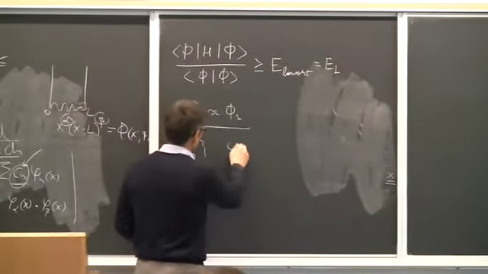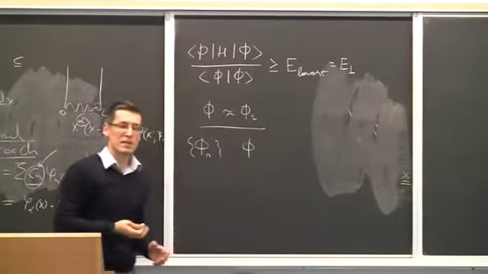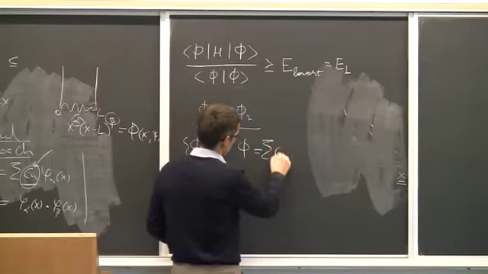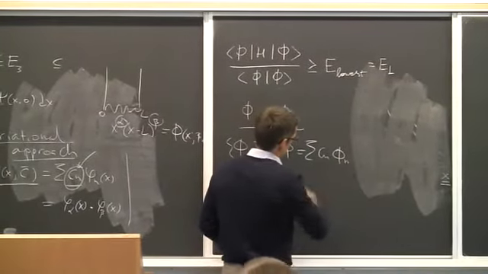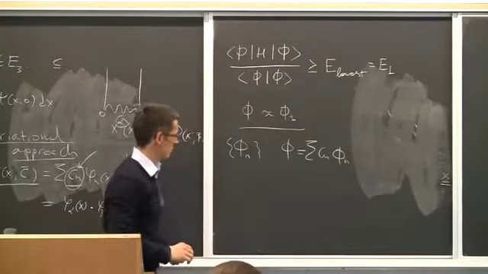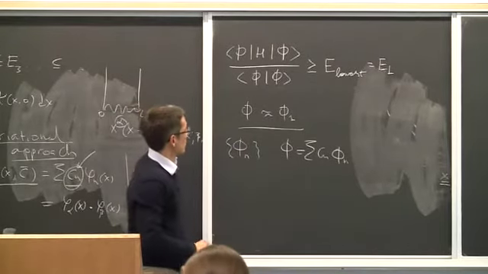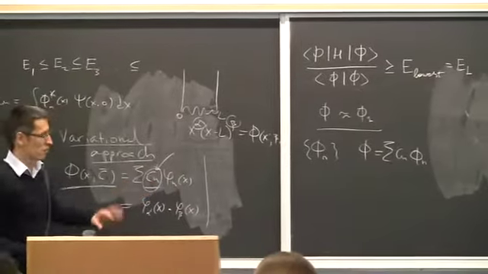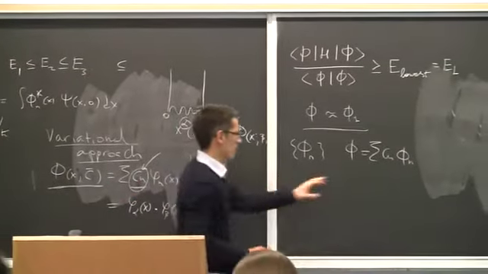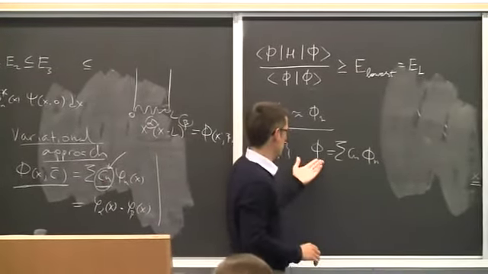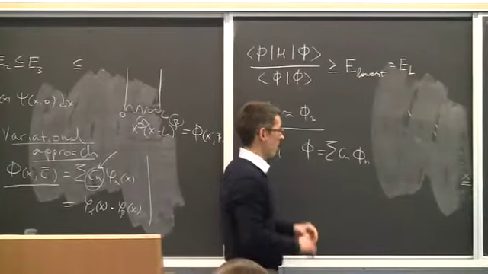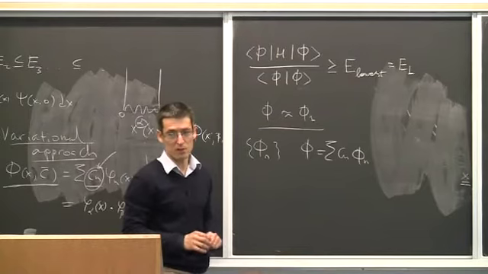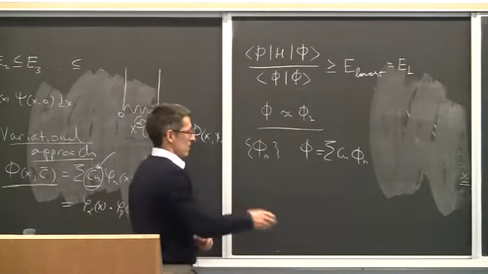Then, since they form a complete set, we can expand our function as a linear combination of these functions, which are eigenfunctions. And these coefficients are different from the earlier coefficients, of course. They are the coefficients of expansion of our trial function in these hypothetical eigenfunctions of the Hamiltonian.